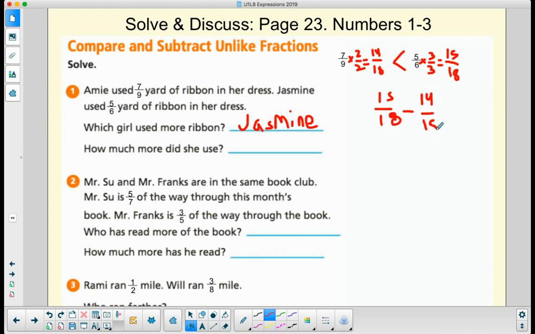If I had 15/18 and I subtract 14 of them, I would still have 1/18 left. Remember, 18ths, the denominator, is just a label. It's just telling me the size of my pieces. So 1/18.